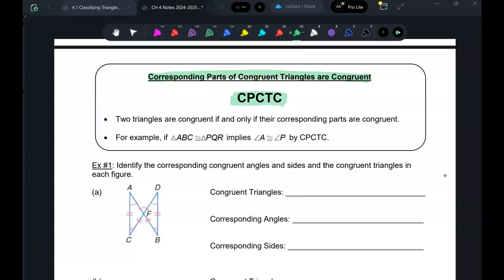So this basically says if two triangles are congruent. Oh, my shoe. Did you hear something? Now, guys, come on. Yeah, we know how that goes.